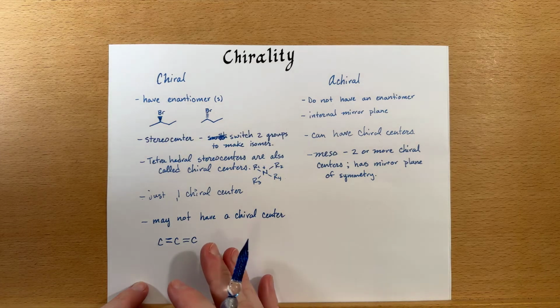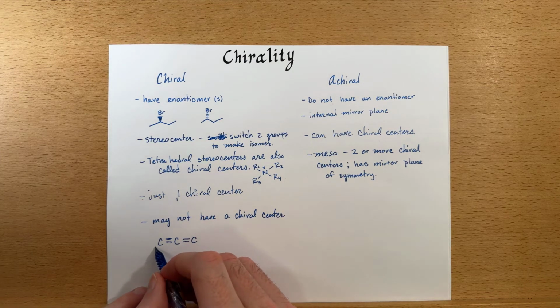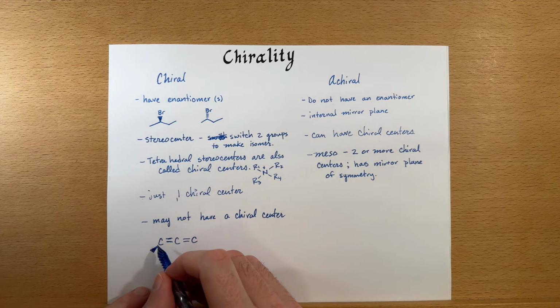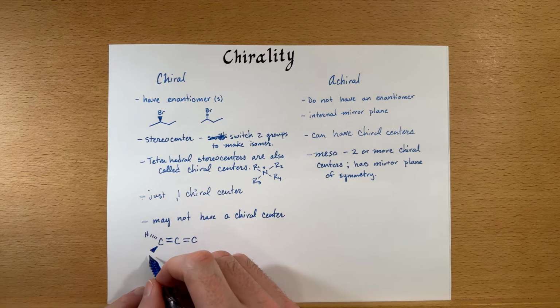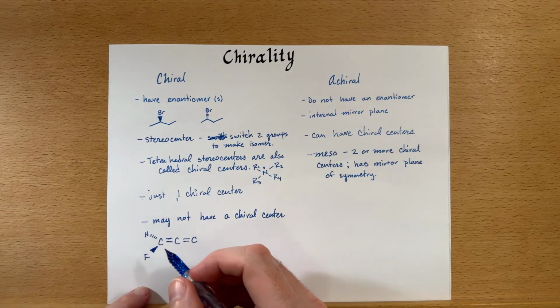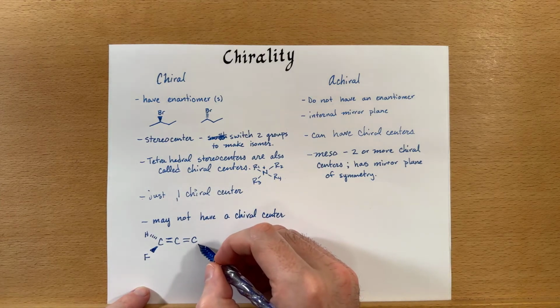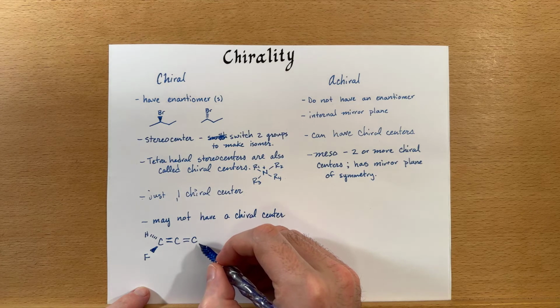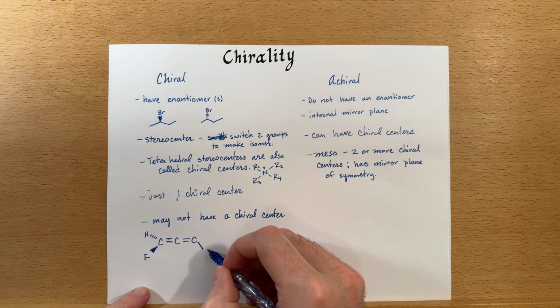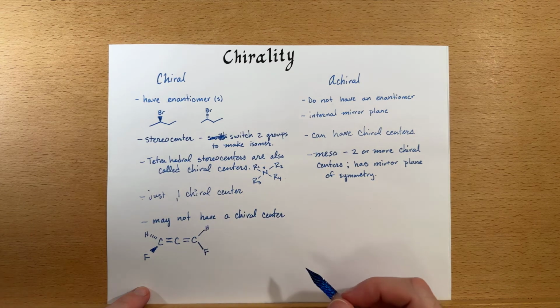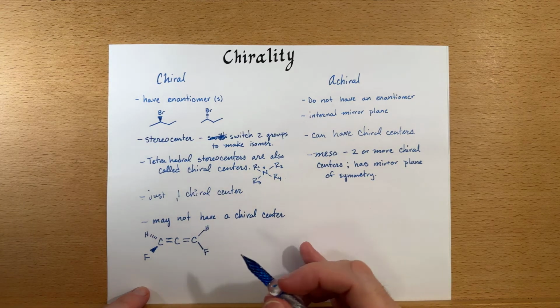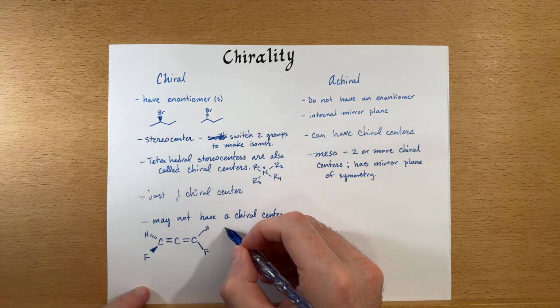But we're going to put some substitution on there. Let's say that we have a hydrogen there and we have a fluorine here. And then on the other side, we have a fluorine there and a hydrogen here. Now, I'll go ahead and draw the mirror image of this.